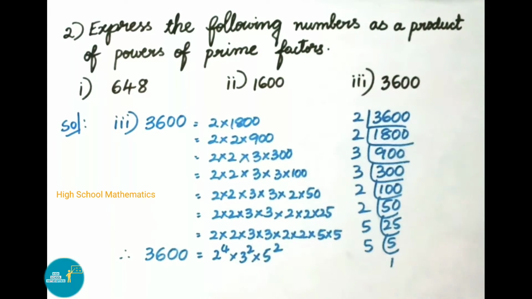That equals 2 multiplied 2 times, 3 multiplied 2 times, 2 multiplied 2 times into 25 can be written as 5 into 5. See here, count how many 2's were there. 4 times 2 multiplied, so we have written in exponential form as 2 power 4, into 3 multiplied 2 times, so it is 3 power 2, into 5 multiplied 2 times, so into 5 power 2. Therefore 3600 is equal to 2 power 4 into 3 power 2 into 5 power 2.